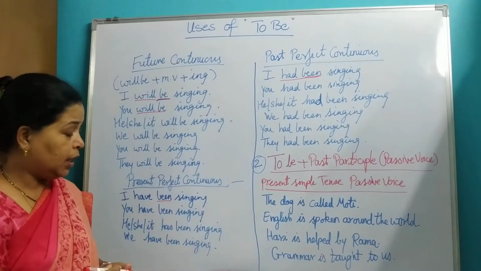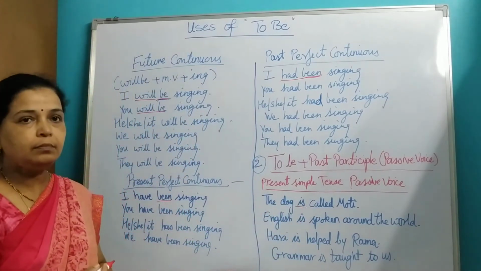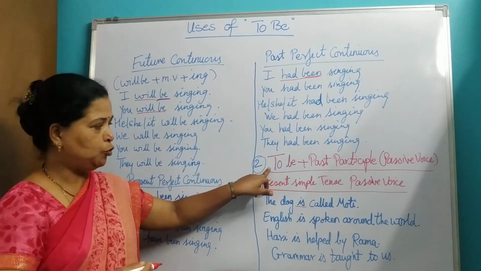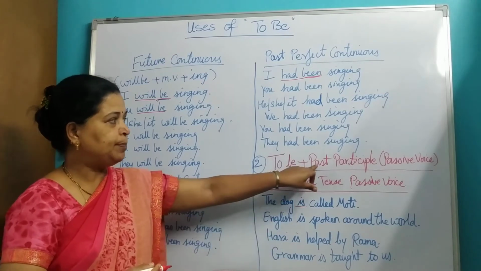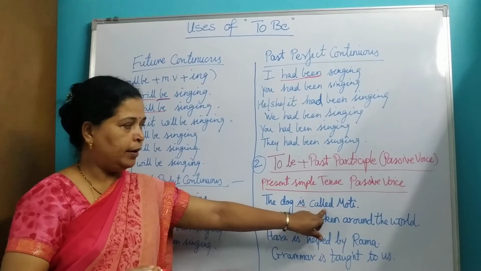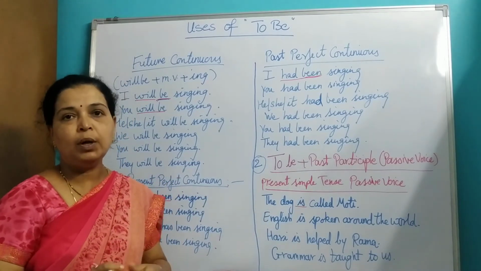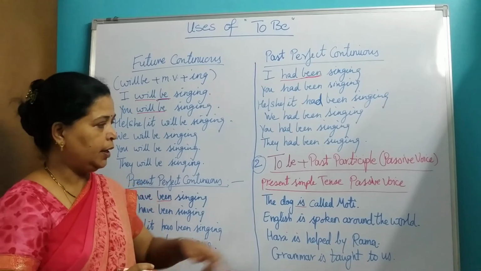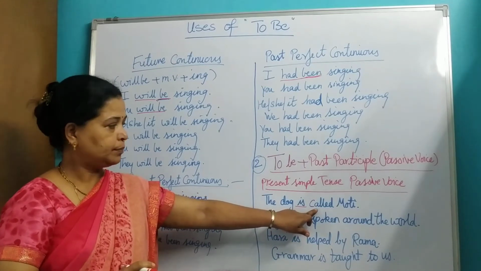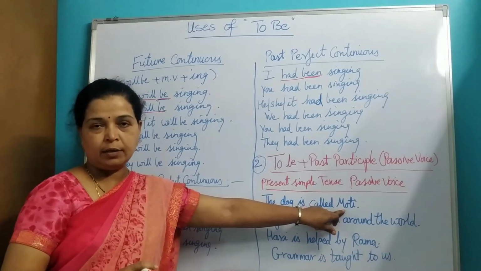Here we have is, which is the form of to be, plus the past participle. Called is the past participle of the verb to call. So, the dog is called Moti.